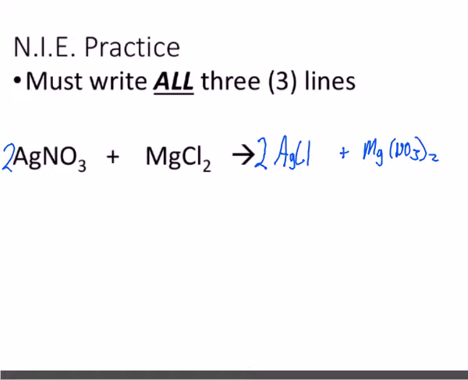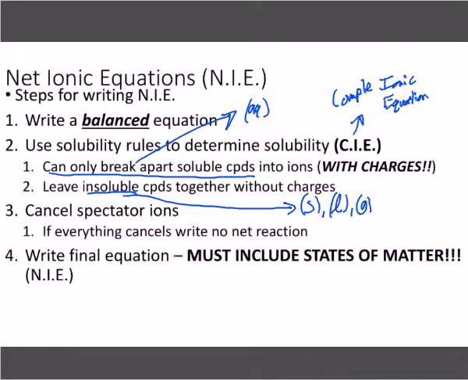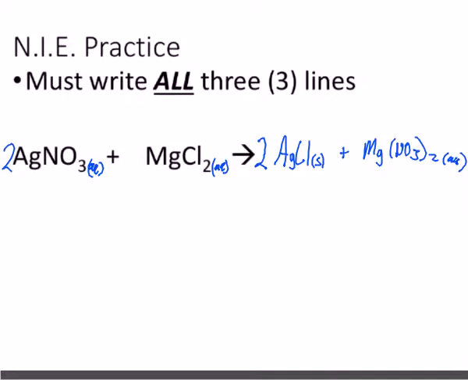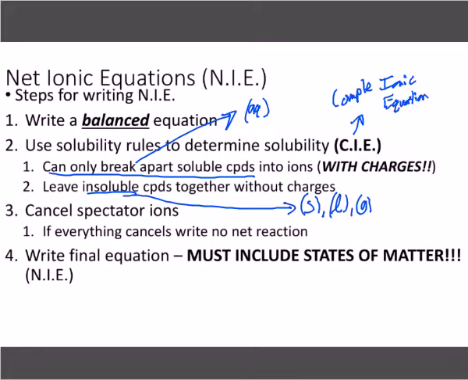What are we going to use to figure out what states of matter we have? Table F. Go ahead and assign states of matter. So, when you go through and you've predicted your products, you've balanced the equation, you've now assigned states of matter, guys, those 3 things, that's all step 1, or not step 1. Step 1 is the balanced equation. Step 2. We have now done steps 1 and 2. Okay? Step 3.